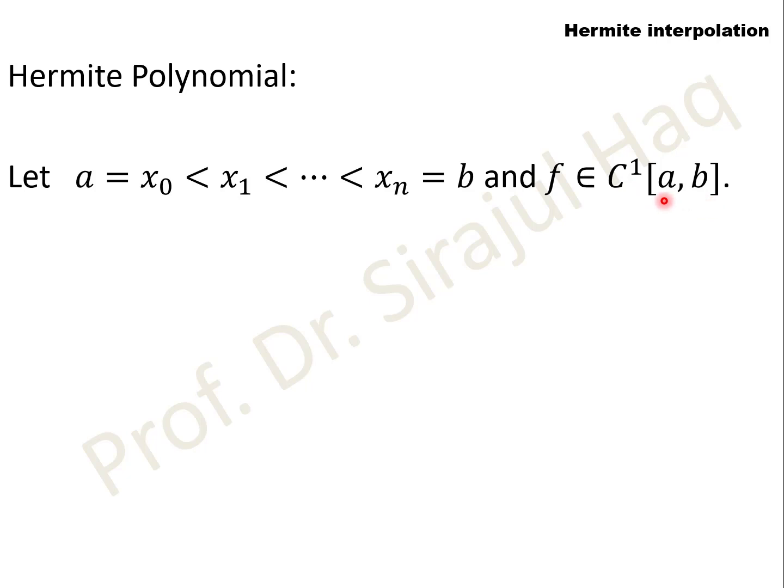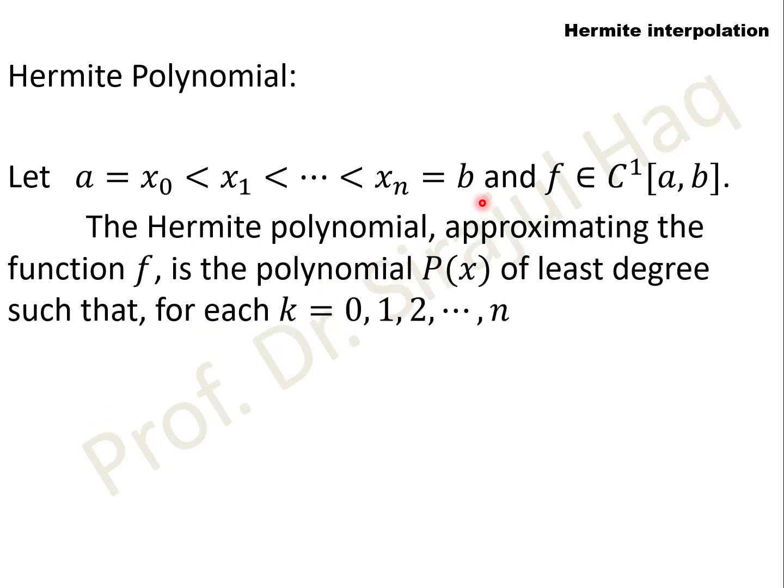Let's do the partition of this interval such that a is equal to x0, less than x1, less than ... xn is equal to b, as usual. Hermite polynomial is a polynomial of least degree such that it satisfies the following two properties.